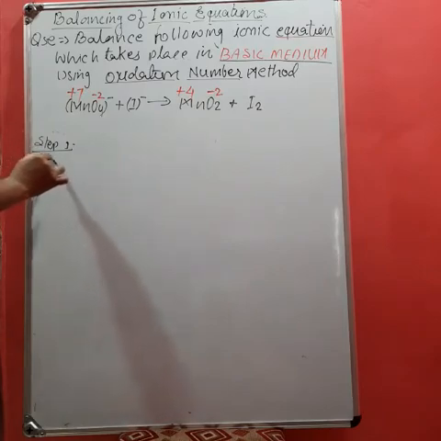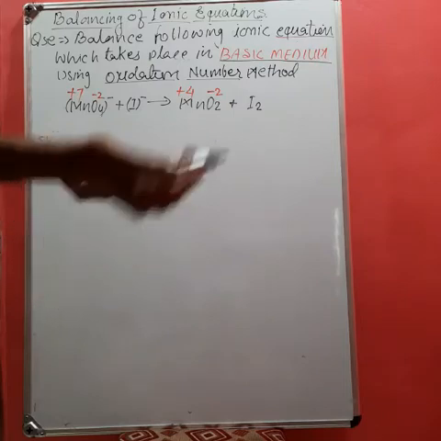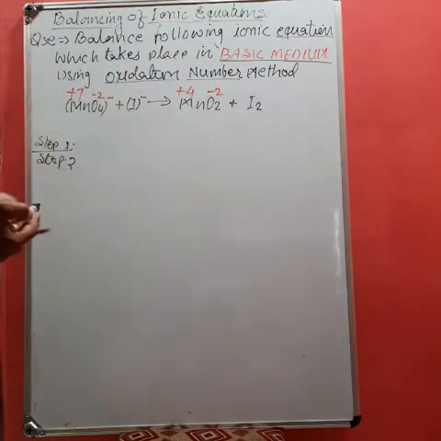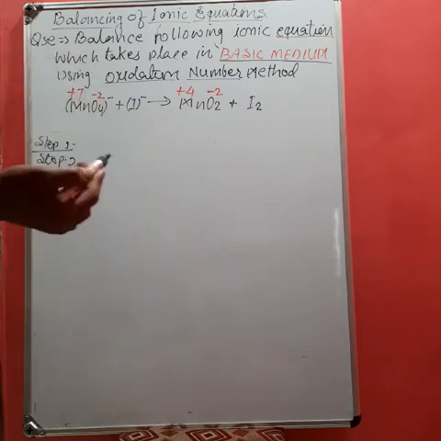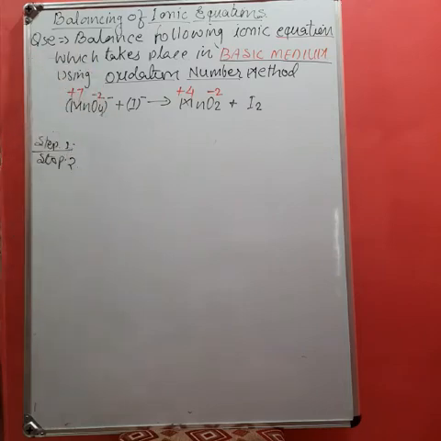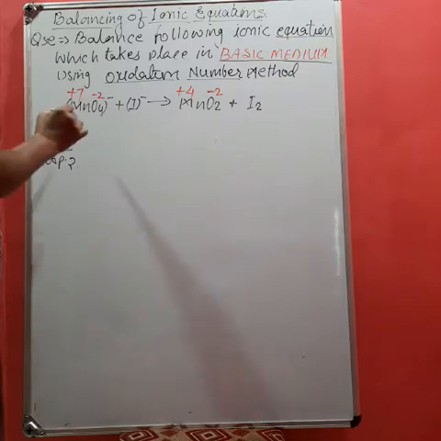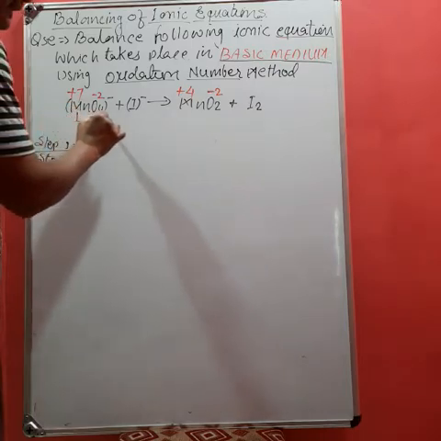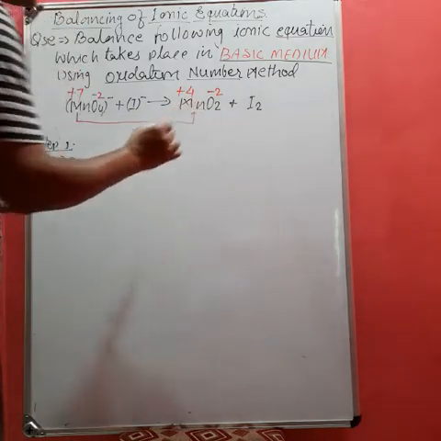What is our step number 2? Step number 2 is to find oxidation and reduction by observing the increase or decrease in oxidation number. So compare the similar species, the Mn on the reactant side and the Mn on the product side.